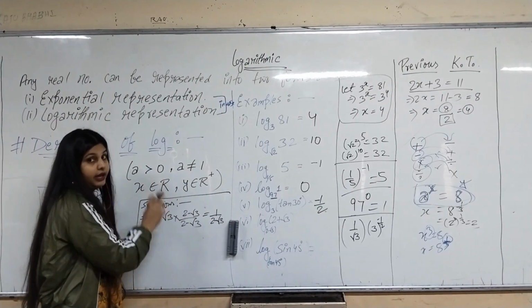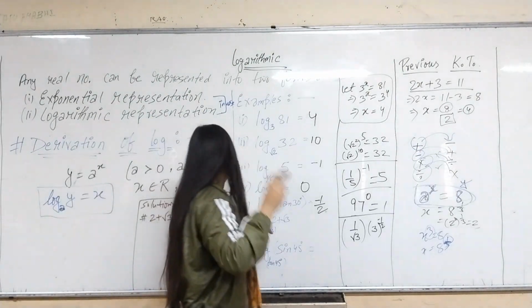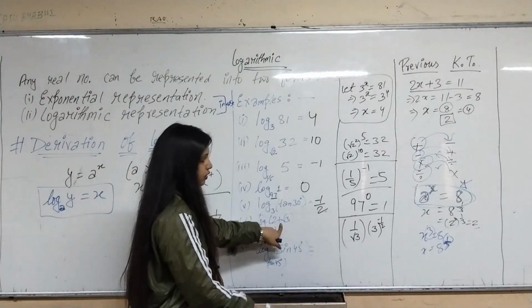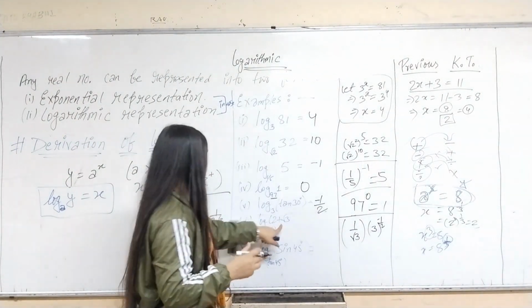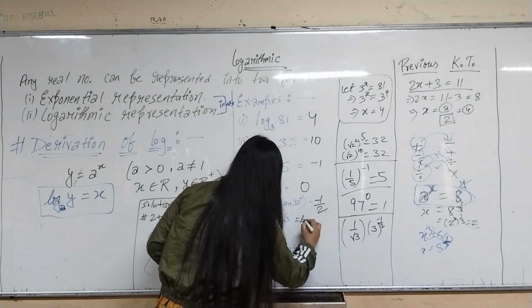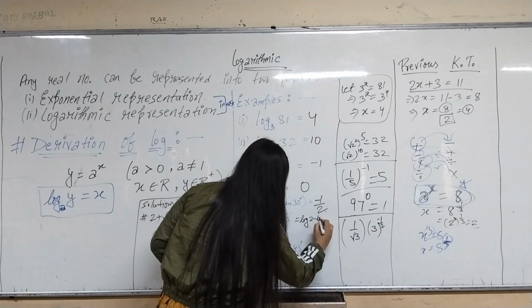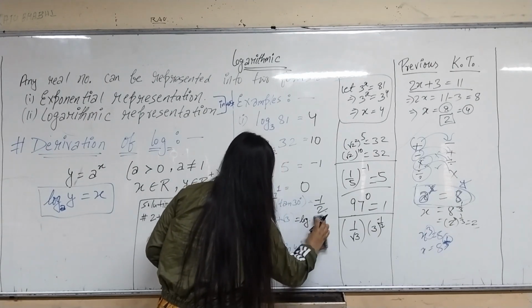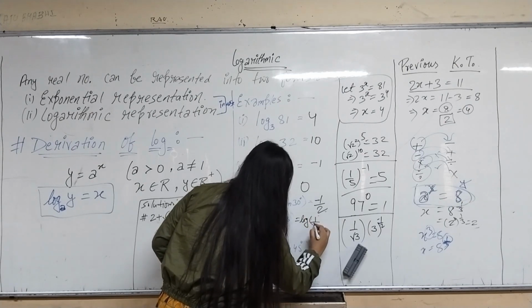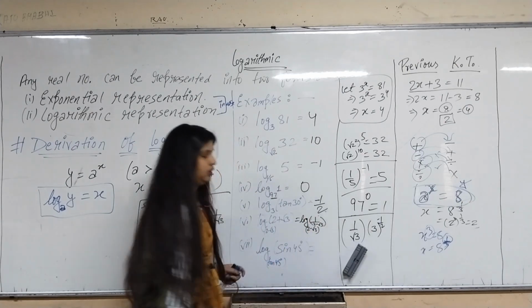So 2 plus root 3 is equal to 1 by 2 minus root 3. So this can be replaced: log of 1 by 2 minus root 3 with base 2 minus root 3.